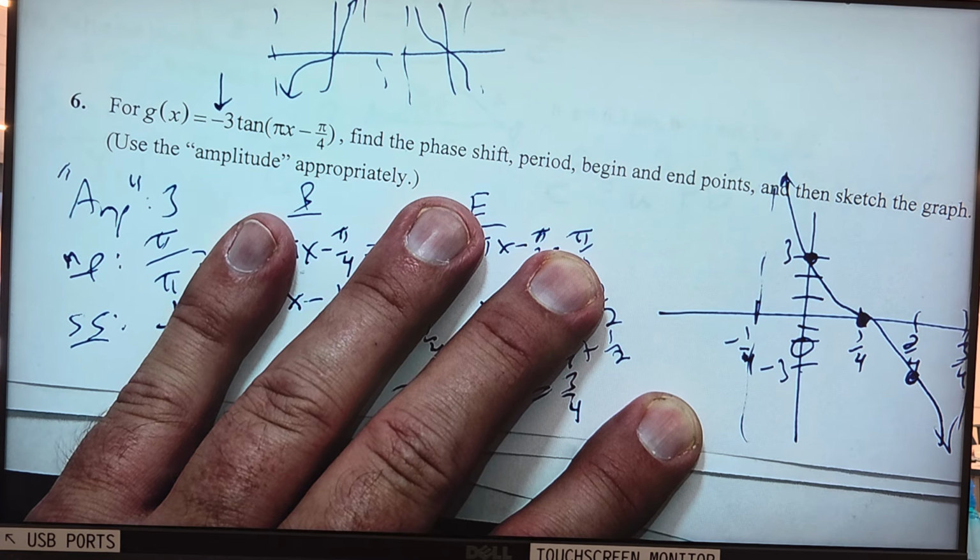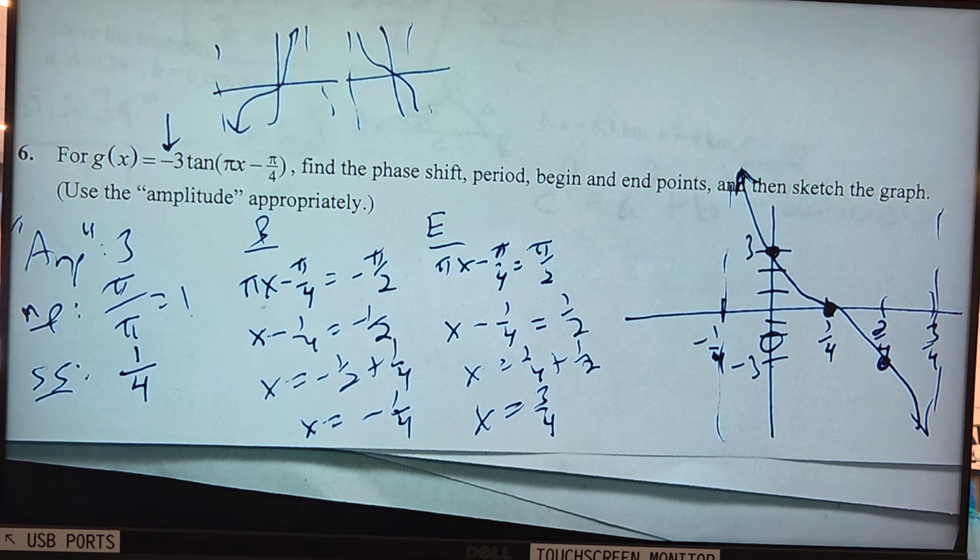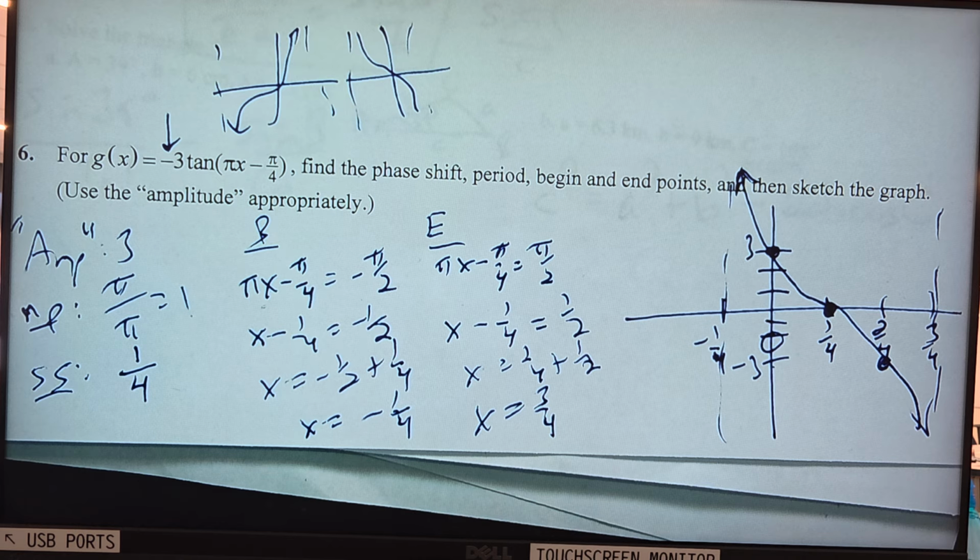Okay, that's not terrible. I can live with that. Just when you draw it, make sure I can see you're approaching those asymptotes. I'm kind of lenient on tangent because even I have trouble with the curve. It's very slight.